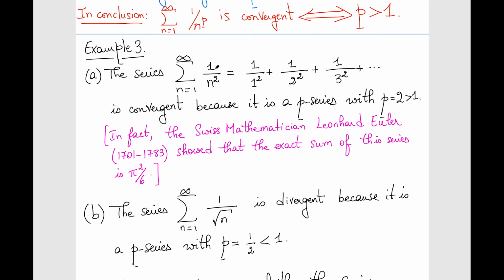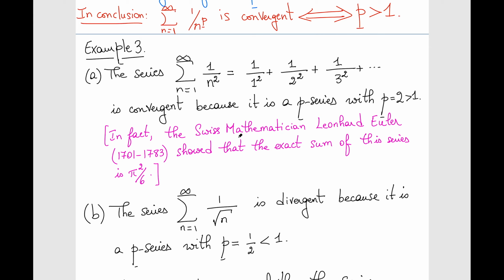The terms are the reciprocals of the square of natural numbers. Correct? This is how the terms of the series look. All right, so this is a p series with p equals 2. As such, since 2 is bigger than 1, that's going to be a convergent series.